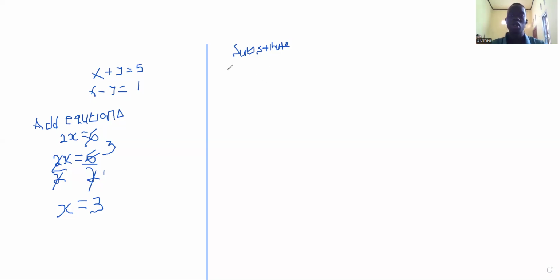So we substitute: 3 plus y is equal to 5, because here in the first equation it was x plus y equal to 5, and since we found x to be 3, the equation is going to stand as 3 plus y equal to 5.